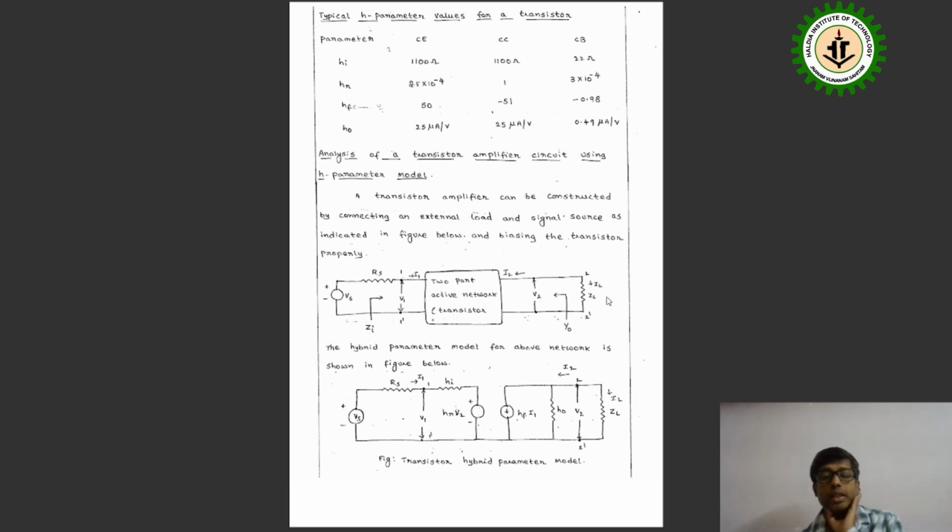IL is the load current, I2 is the output current, and I1 is the input current. The hybrid parameter model of the above network is shown in the figure below. From here, one by one we will determine the parameters: the current gain or current amplification, input impedance Zi, output impedance, and the reverse voltage.